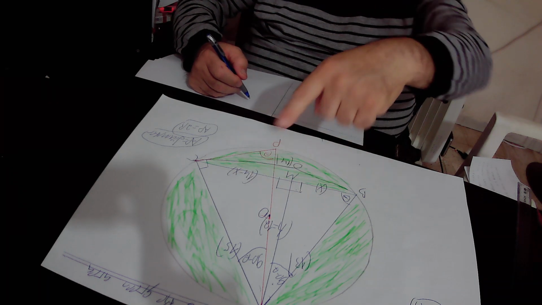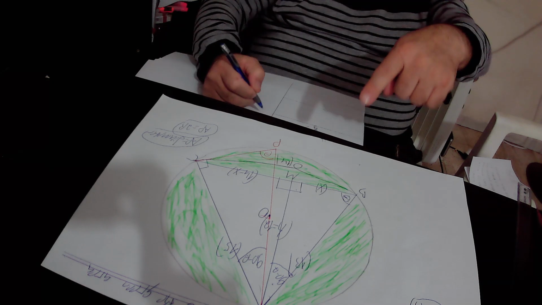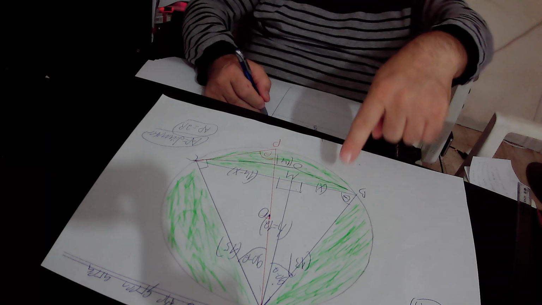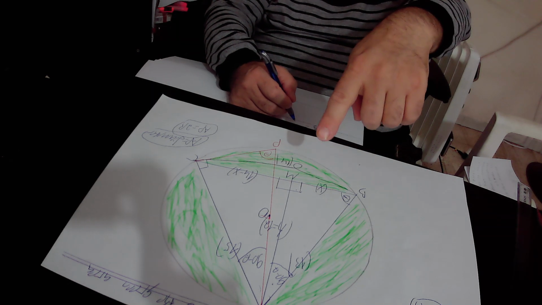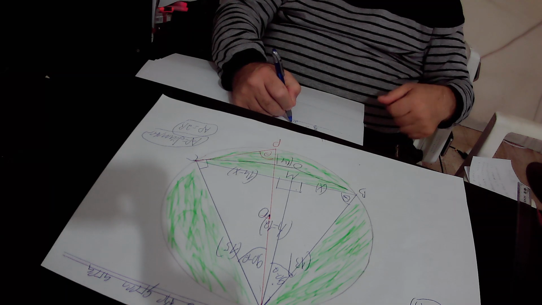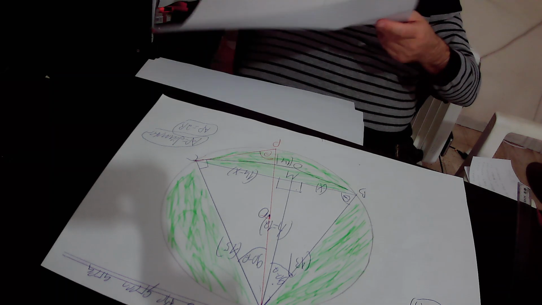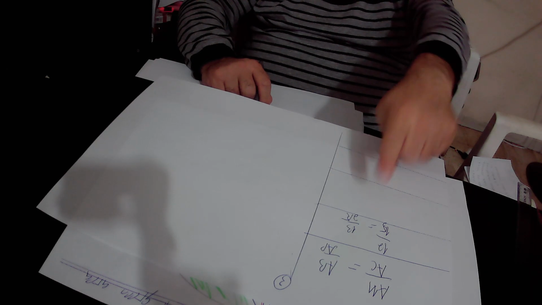AC equals 15 units. And it is equal to AB. AB equals 13 units over AP. AP is the diameter of this circle, that is equal to 2R. So in conclusion, we found out that 12 over 15 equals 13 over 2R.